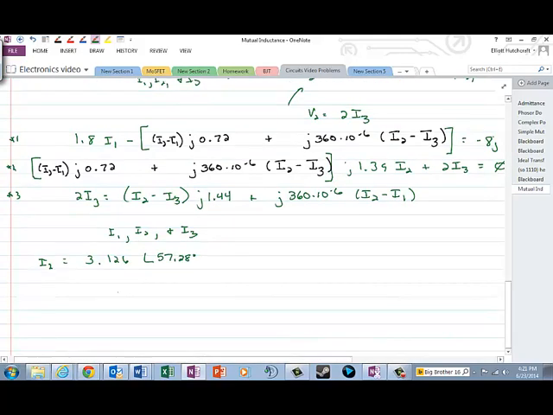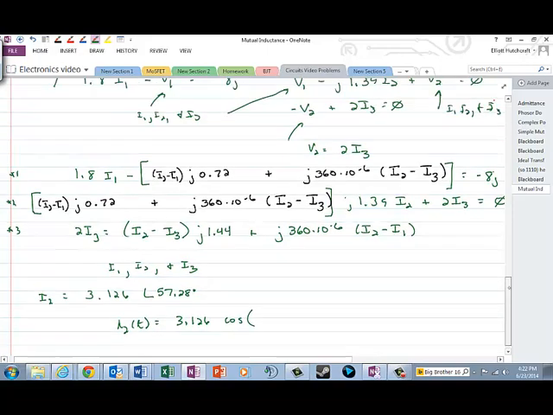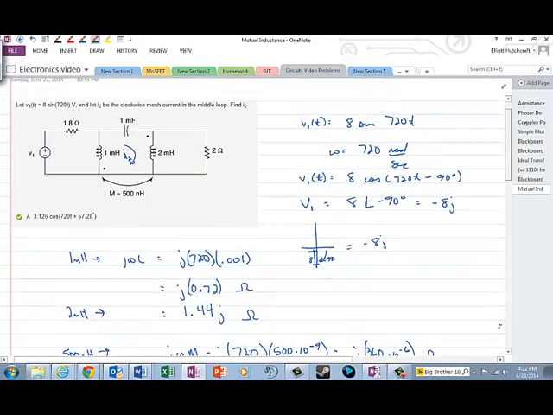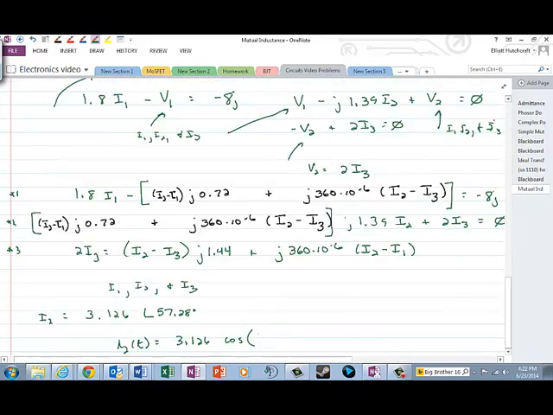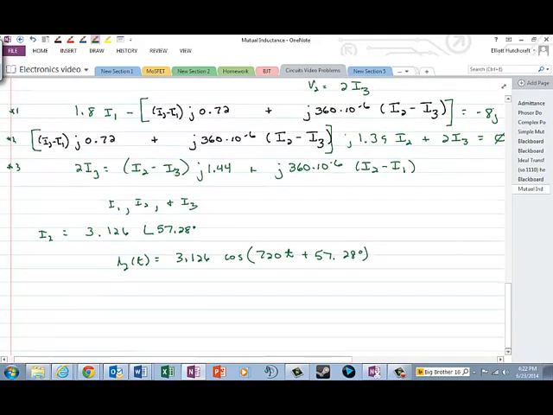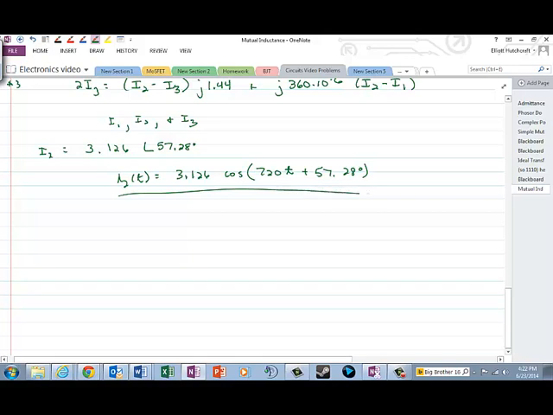And then I2 in the time domain is that magnitude, 3.126 cosine of omega t, and omega is 720, right? Plus that phase angle, 57.28 degrees. And that's the final solution.